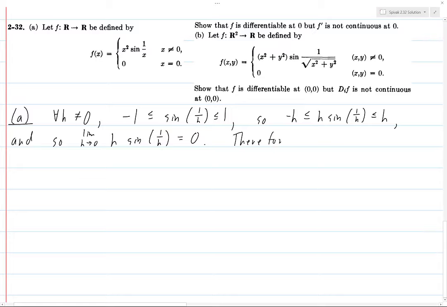So therefore, if we want to compute f prime of 0, let's start on the next line. F prime of 0. Because this is the one-dimensional case, we're able to just go straight ahead and compute this limit.